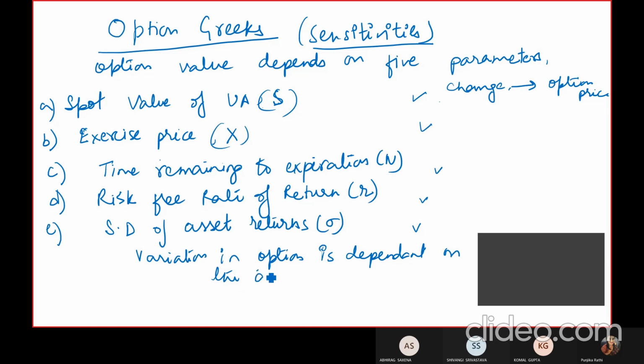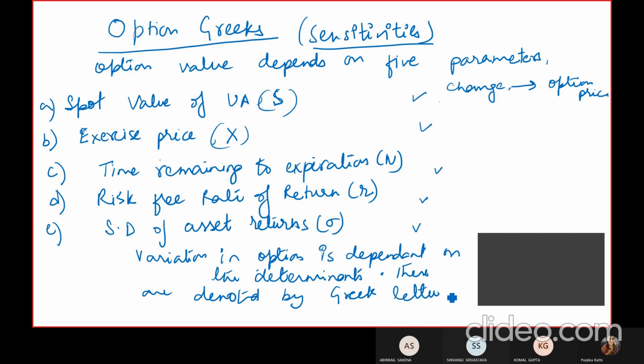So it is dependent on its determinants, and these determinants are denoted by Greek letters, and that is why the term is option Greeks. नाम दिख रहा है option Greeks. What is the meaning of Greeks? Greeks means the sensitivities of option price with respect to these 5 factors.